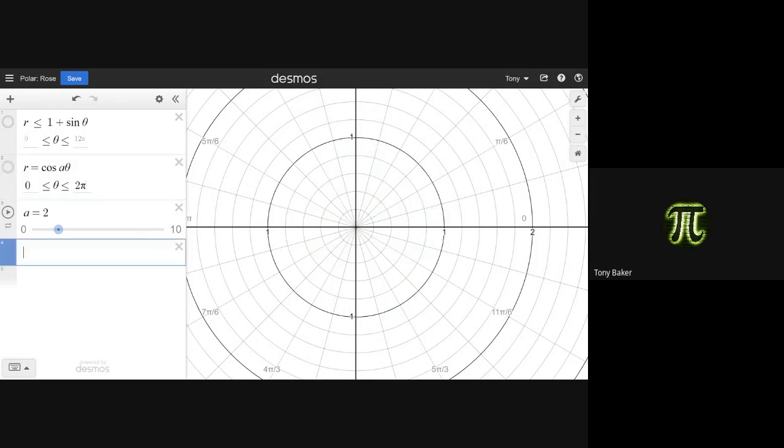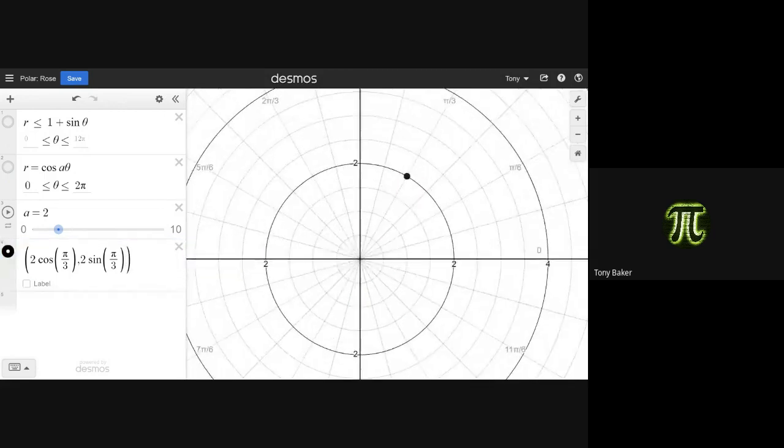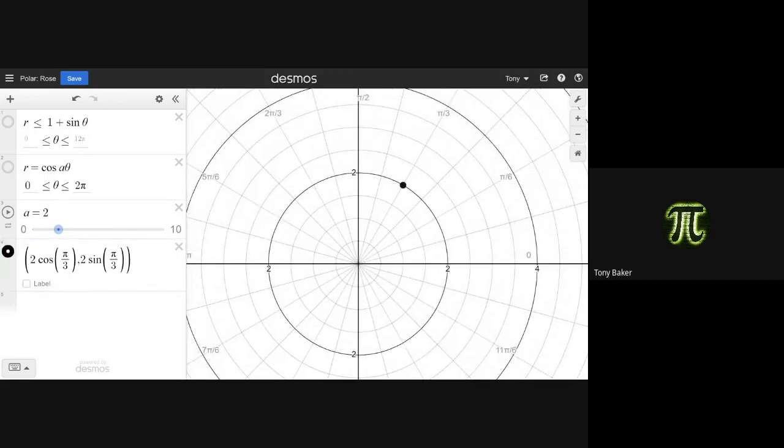When we had the last one, you actually have to graph this as 2 cosine pi over 3, comma 2 sine pi over 3. You have to graph it like that. So you have to basically convert it to xy coordinates to graph it in Desmos in the right spot.